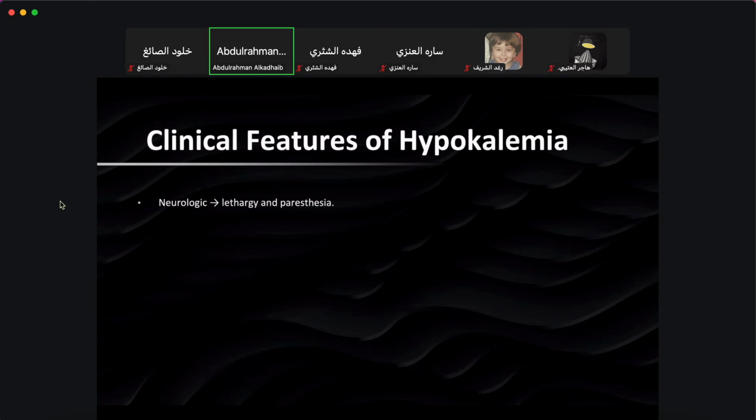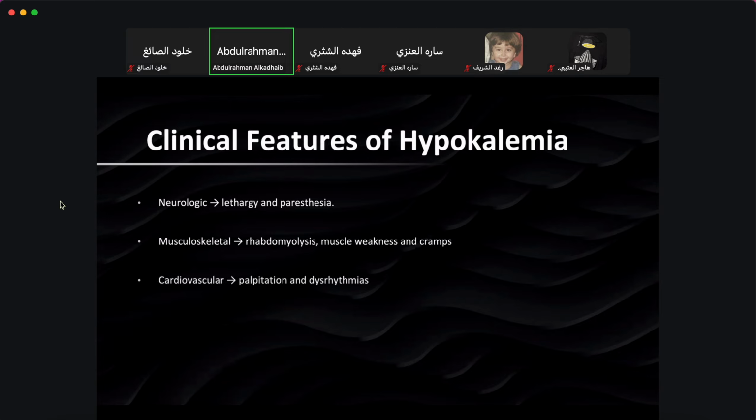So clinical features, similar to hyperkalemia, unfortunately, are non-specific. Hypokalemia may cause some neurological symptoms such as paresthesia or lethargy, and may also cause muscle weakness or cramps. And hypokalemia may cause a very unique condition called periodic hypokalemic paralysis, and we see this quite often in the emergency department. Those patients may present only with paralysis, and we find that their potassium level is low.